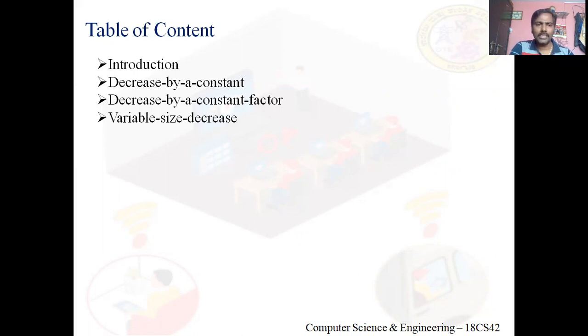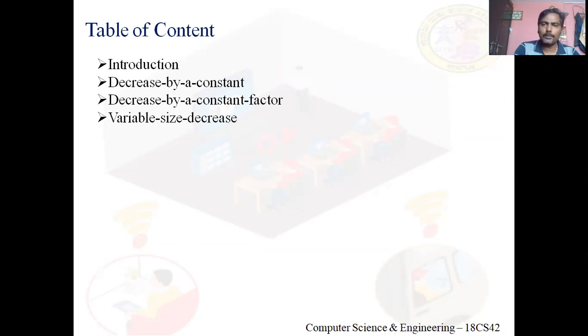Initially maybe 100, later it may become 75, later 25, later 2. Stage to stage the size of the instance gets reduced, and there's a variation. Got it?